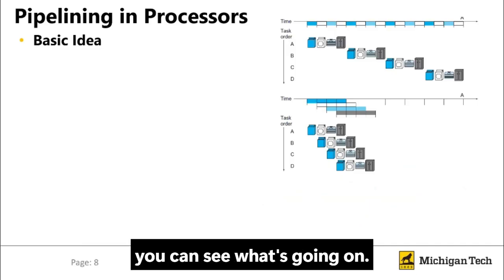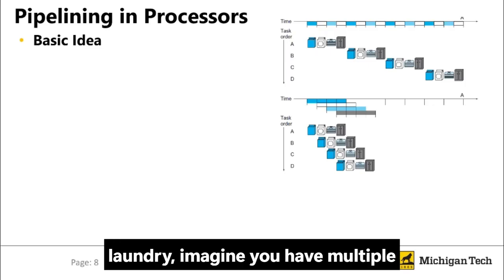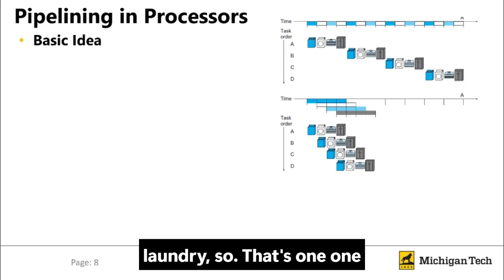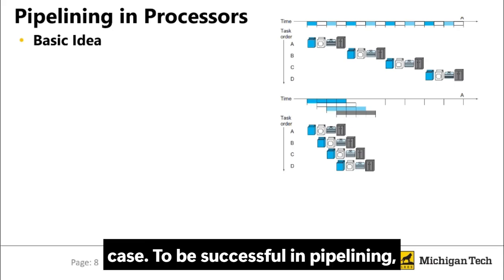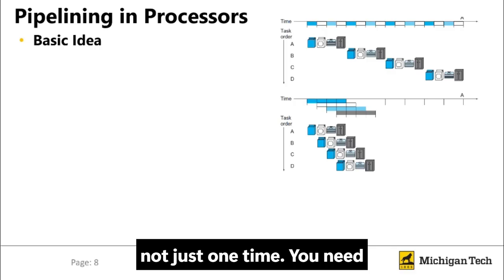In this example, you can see what's going on. This is an example of laundry. When you want to do laundry, imagine you have multiple loads. To be successful in pipelining, you need to have multiple tasks, not just one task.